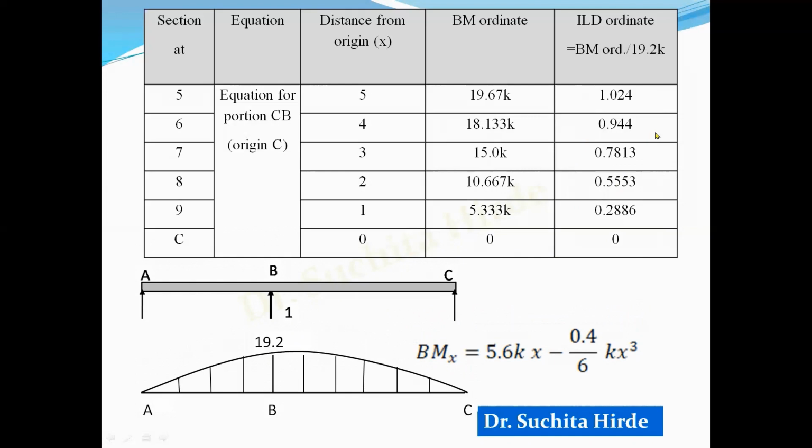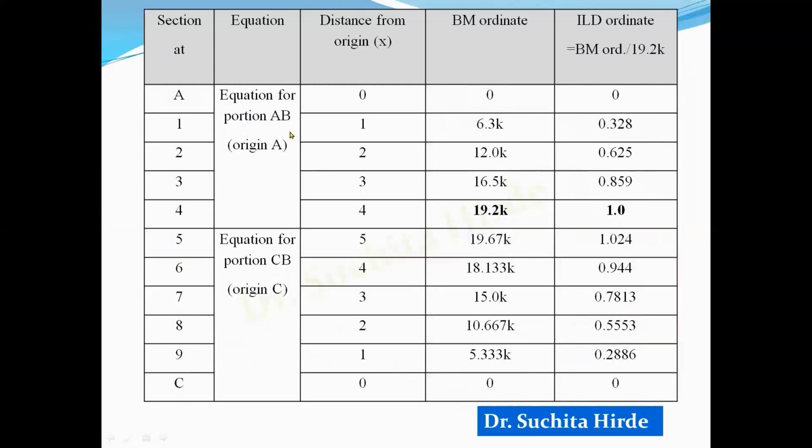So this is how we get the deflected shape from this and the influence line diagram ordinates from this. Actually, instead of solving in two tables, we write a complete table showing all the ordinates. We make two parts because there are two equations: the first part is for AB and the second part is for BC.